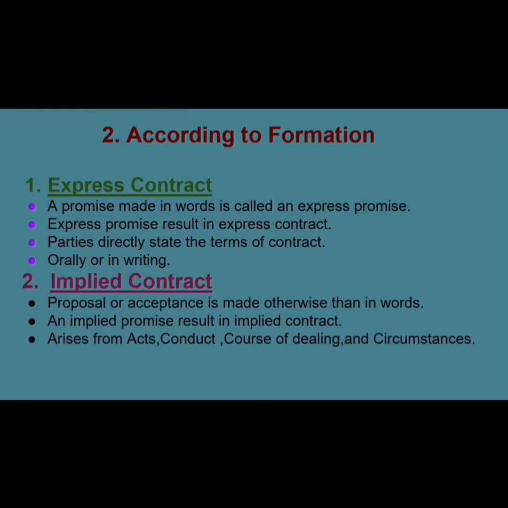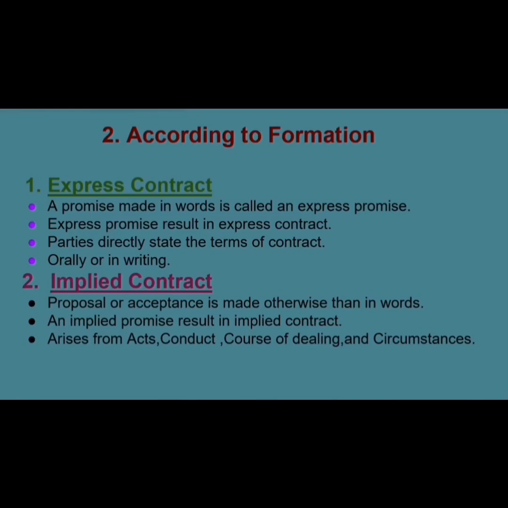Next to the express contract, implied contract. It's another different type of contract where you will not see the terms of the contract stated by the parties in a written way or in an oral way. These are very unique types of contract.